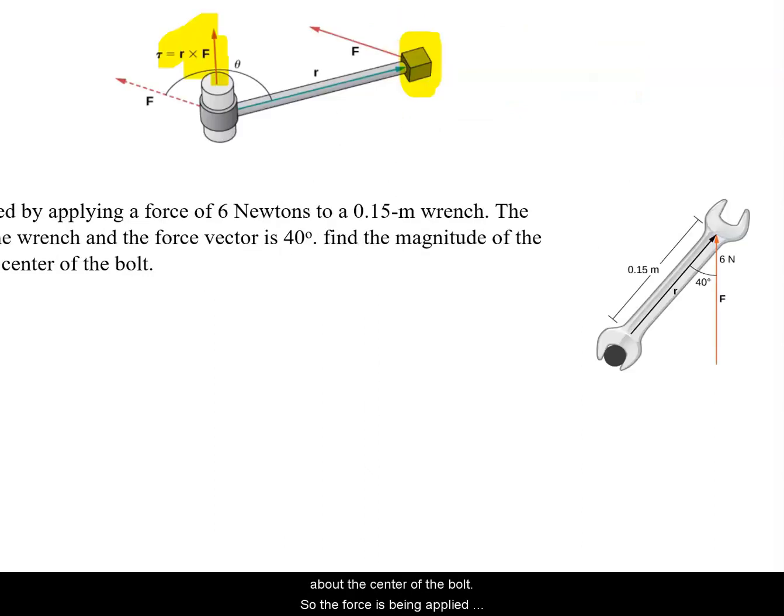So the force is being applied here at the end of the wrench. So I'm going to apply the same reasoning as we saw in the general model, and we can think about the force being applied like so, and the angle between the two would still be 40 degrees.